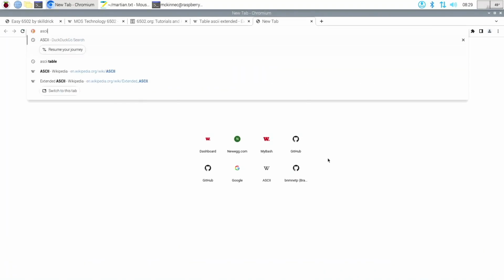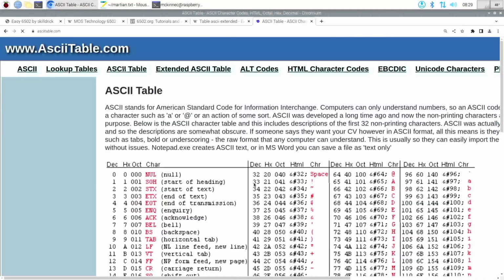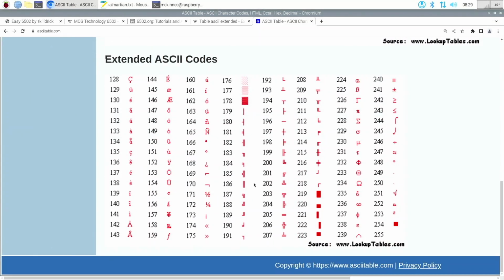So let me just do ASCII table. Okay, so here are the extended ASCII codes for the last 128 bits.